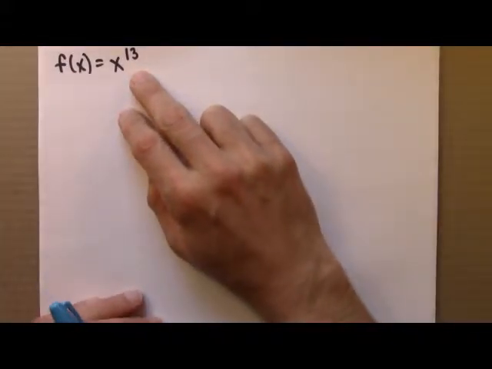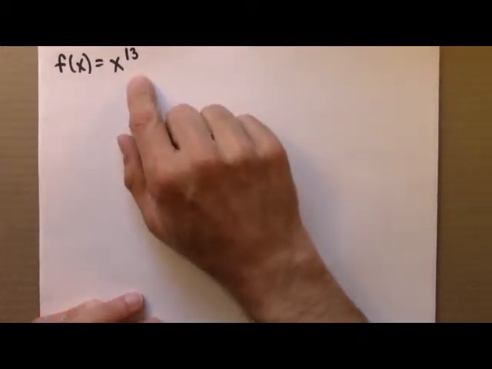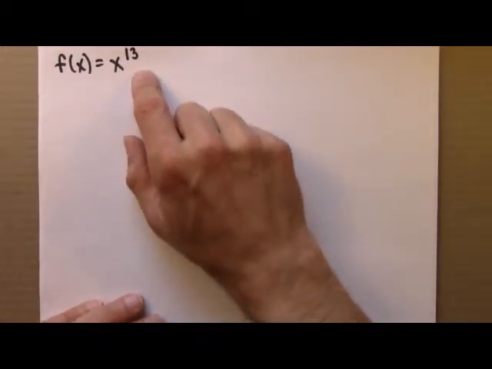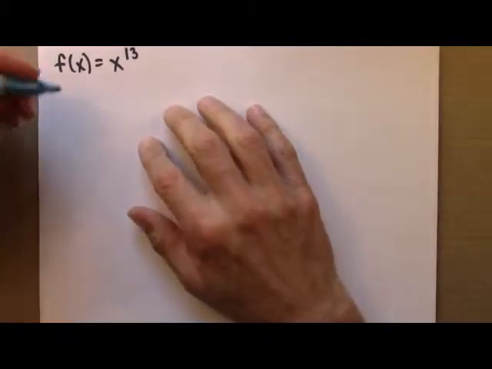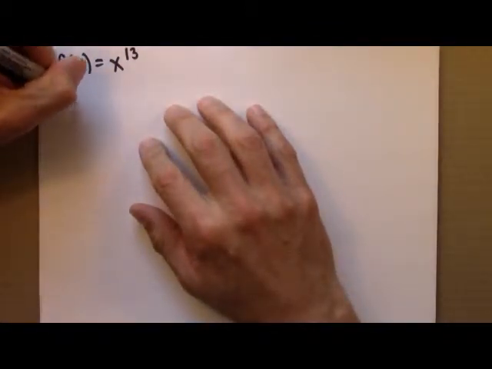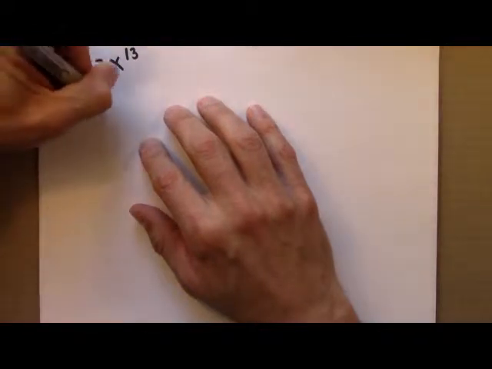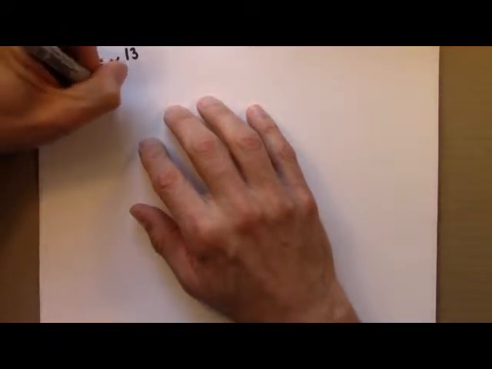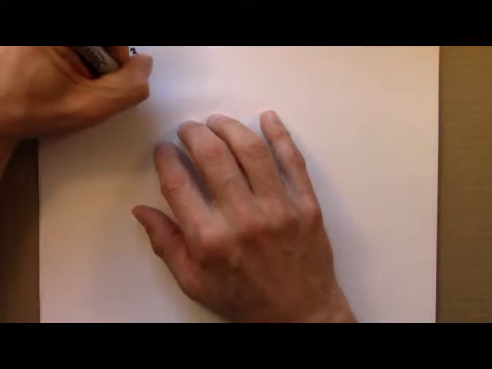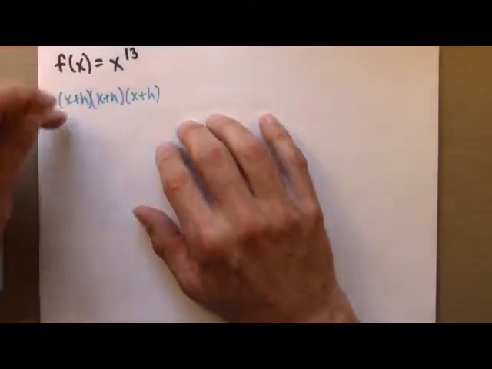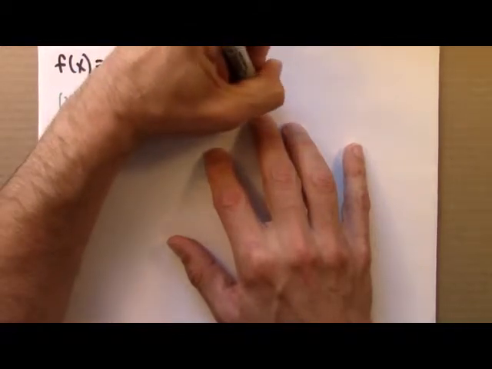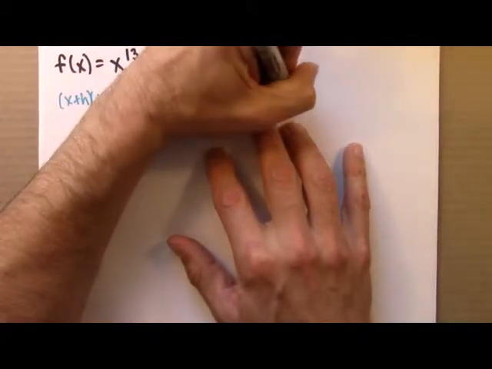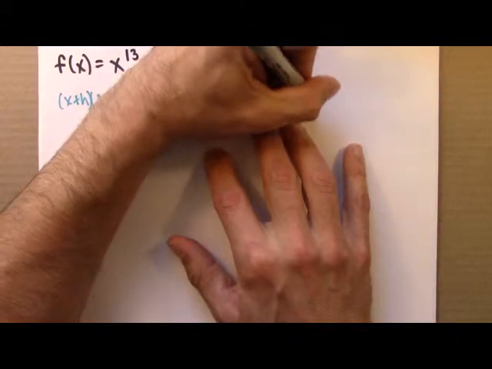What would happen then? Well, we're going to need to FOIL out x plus h to the 13. So let's think about that. So we've got x plus h, 2 of them, 3 of them, and let's keep going. And then number 12, and number 13.